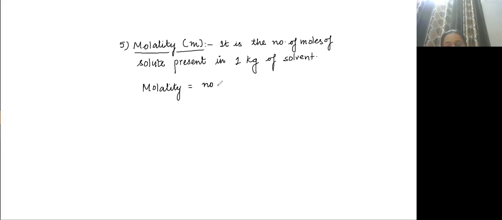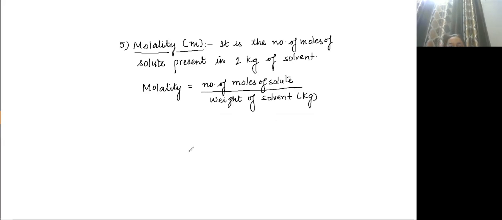number of moles of solute divided by weight of solvent. Remember, this is the only concentration term in which the denominator is solvent, not solution. So this is in kilogram.